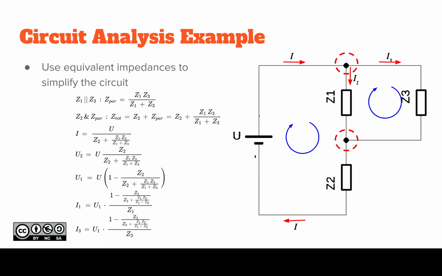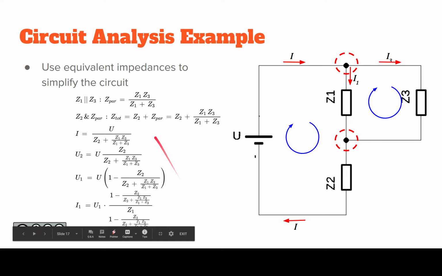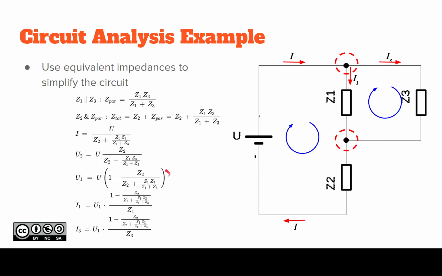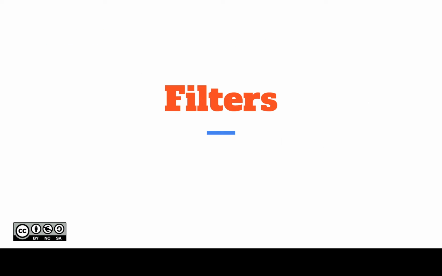And of course, at the end, you could show this a little bit nicer looking. So these are ugly. Your math teacher would hate me for showing this kind of ugly equations. But this is not mathematics, this is engineering.